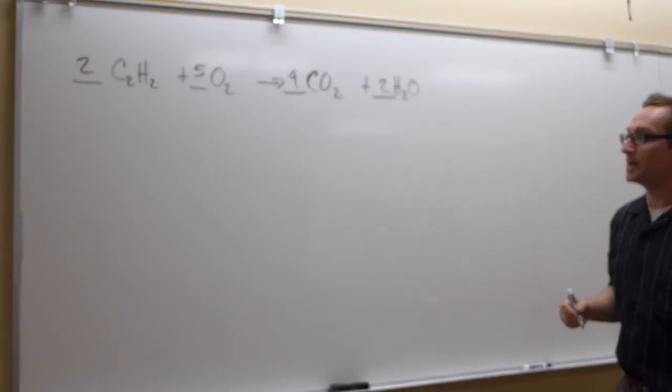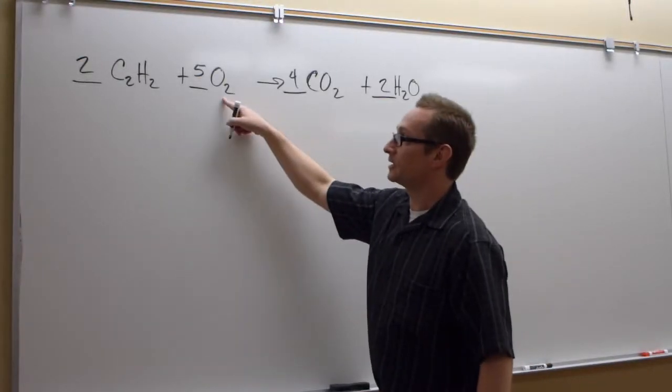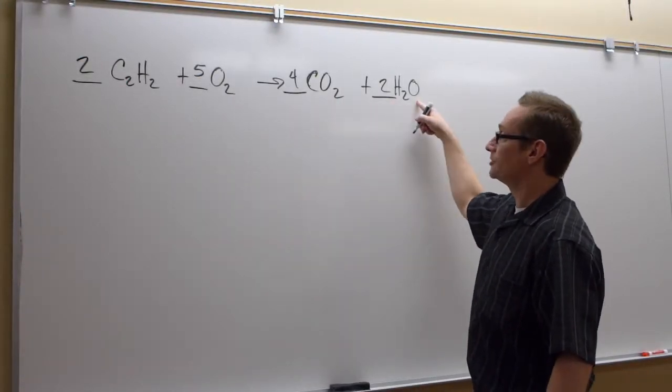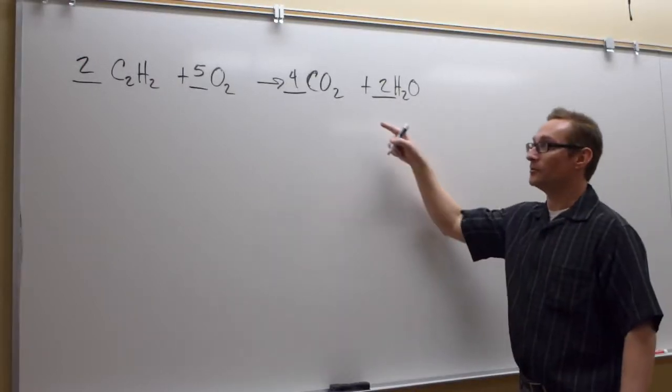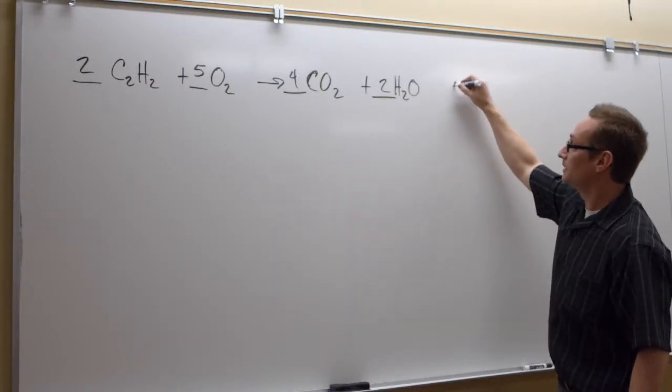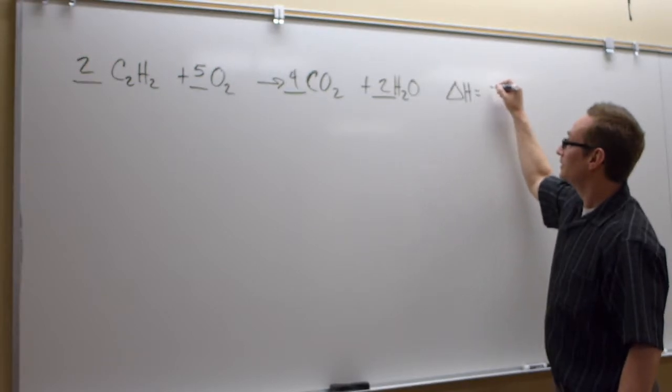Just double check that we balanced things. So 4 carbons, 4 carbons, 4 hydrogens, 10 oxygen, 8 plus 2 gives me 10 oxygen. So there's a balanced reaction. This is what we want to get, and the question is asking us, what is delta H for this reaction, given these other reactions here?